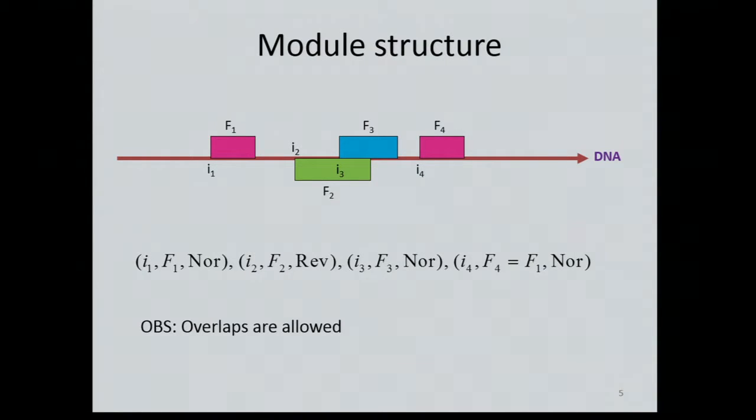So a module has binding sites of factors like F1, F2, F3, F4, and each factor motif has a location within the DNA, and each of these motifs has an orientation, so that they are in the normal direction or the reversed direction. The normal ones are above the DNA, and this is reversed here.